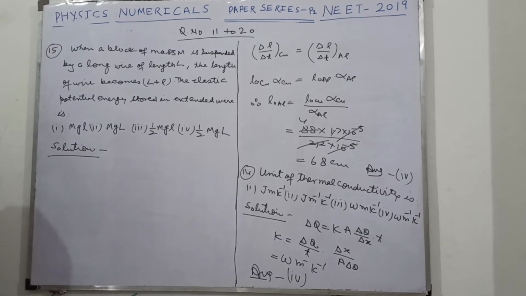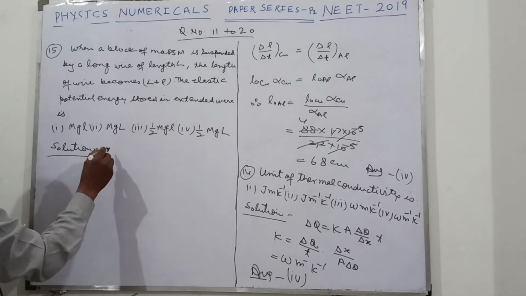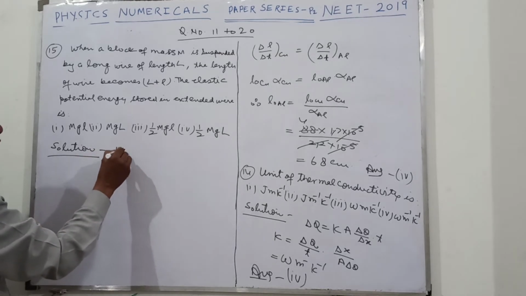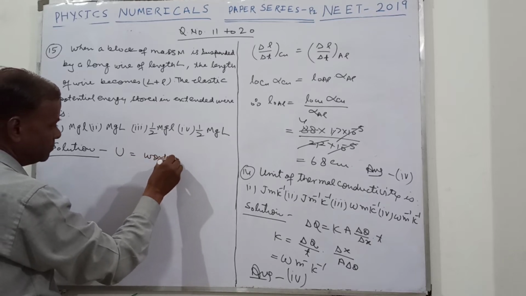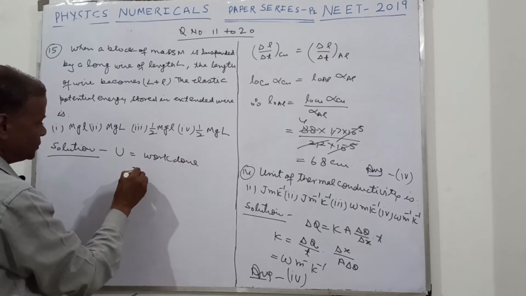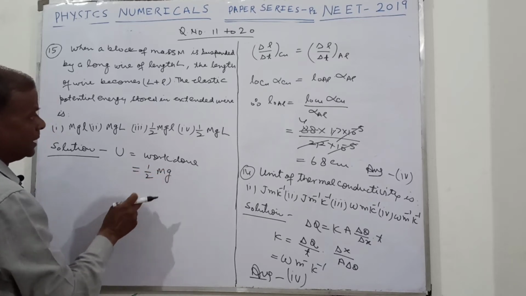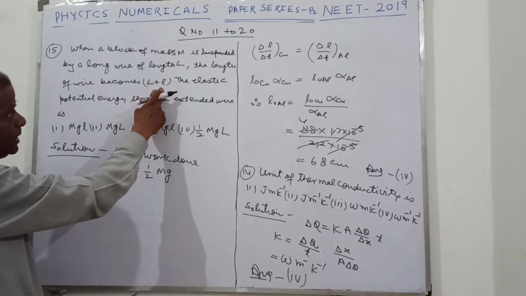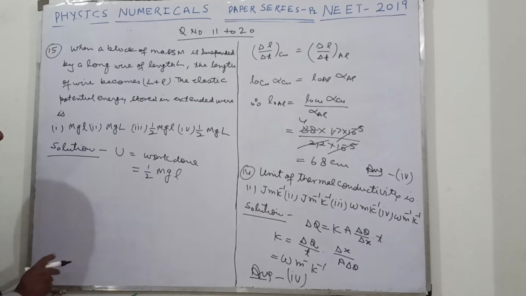Now the solution. Potential energy is equal to the work done in extending the wire by a length l. So stored energy U is equal to work done, which is 1 by 2 into force mg into change in length small l, so this is 1 by 2 mgl.